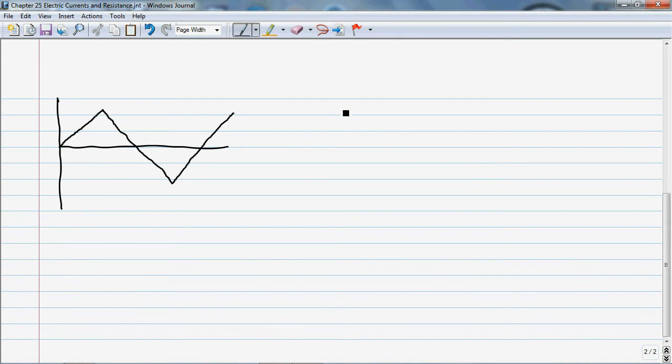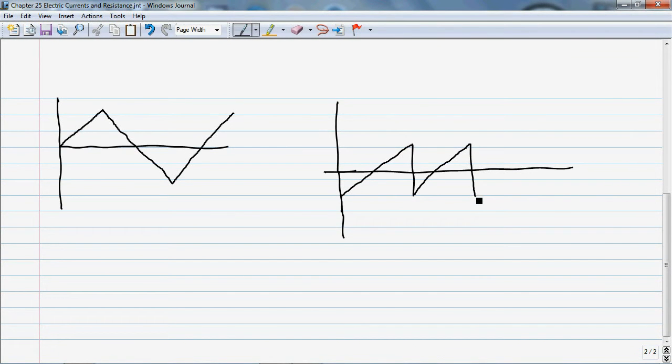You could do a sawtooth. You could have this go up and then drop, and then up and drop. So alternating current just means that it is changing direction.